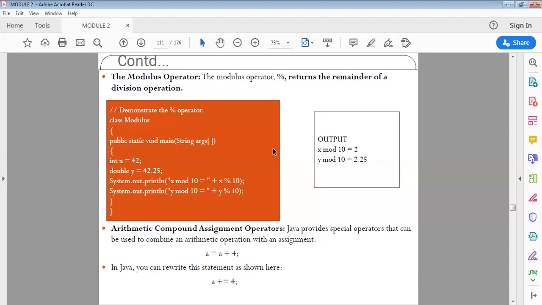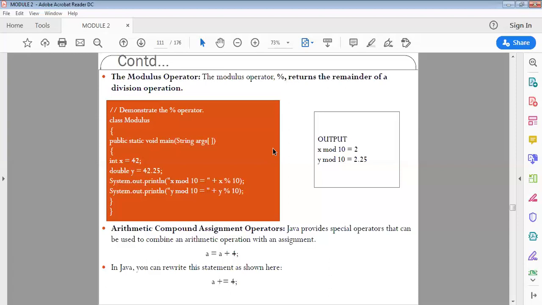So next you come for the arithmetic compound assignment operator. The compound assignment operator is similar to the shorthand operator. Shorthand assignment means you replace the repeated operand on the left as well as the right. If the operand is the same, then we replace that with a shorthand operator.